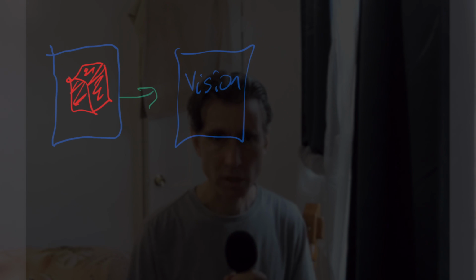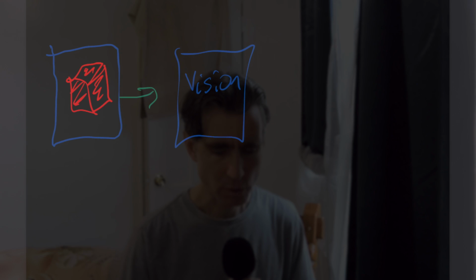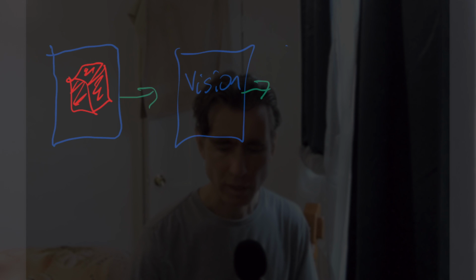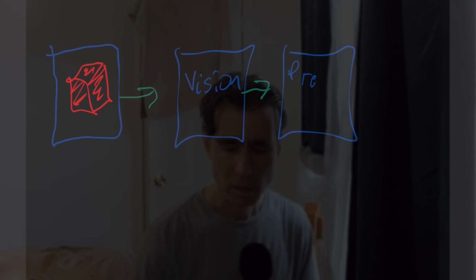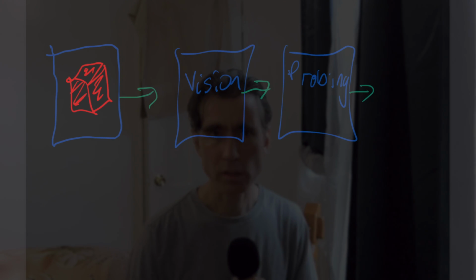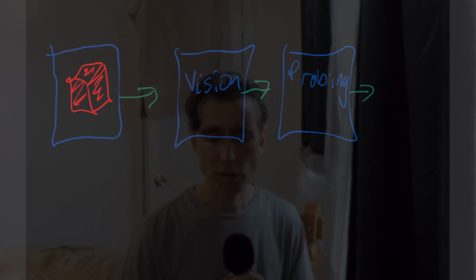What we do is send the output of this vision module to another machine learning model, which we call the probing model. We can create different probing models because we can probe for different things. We're going to train this probing model, and we're going to fix the vision module so it doesn't change.